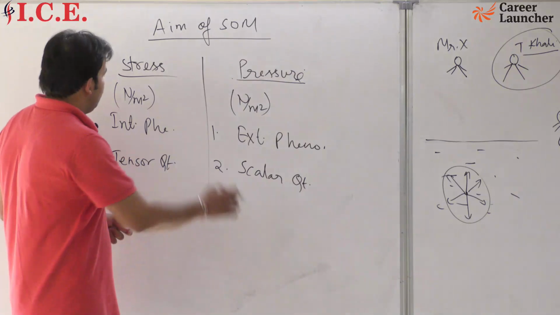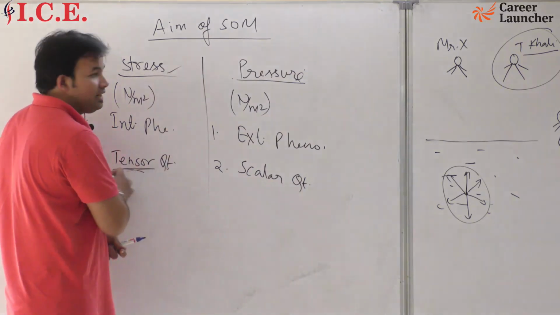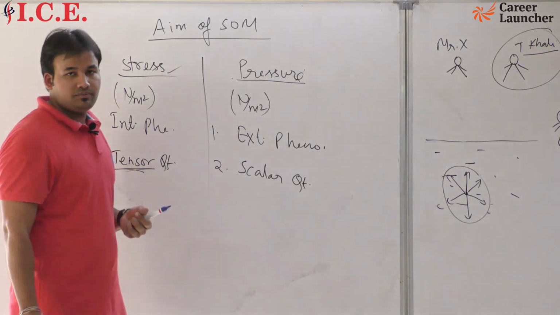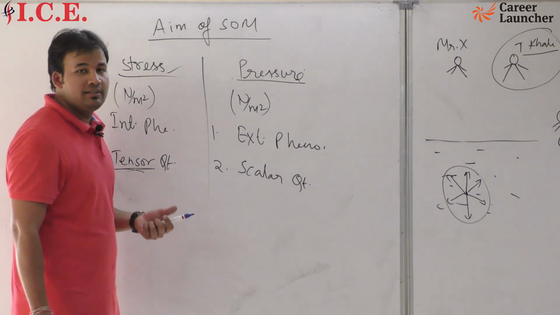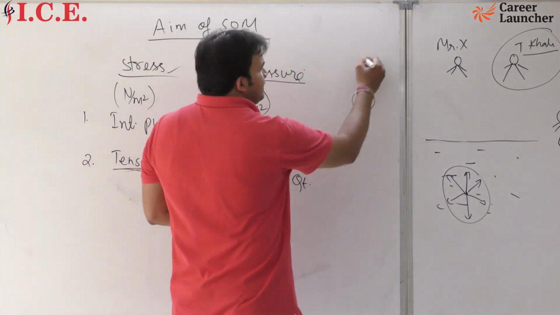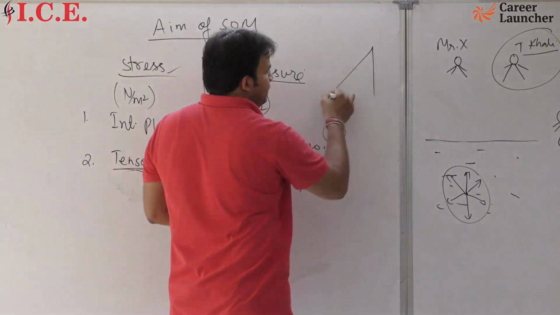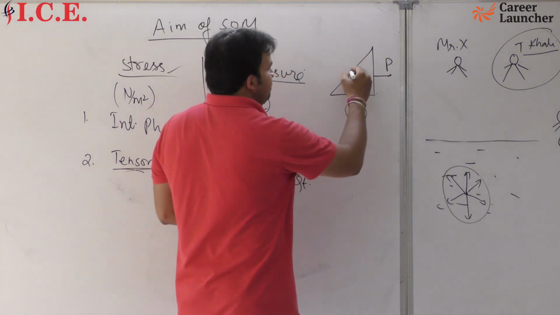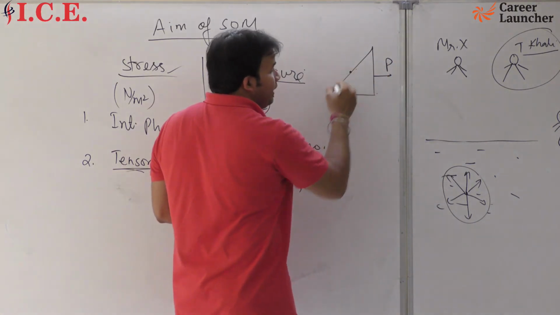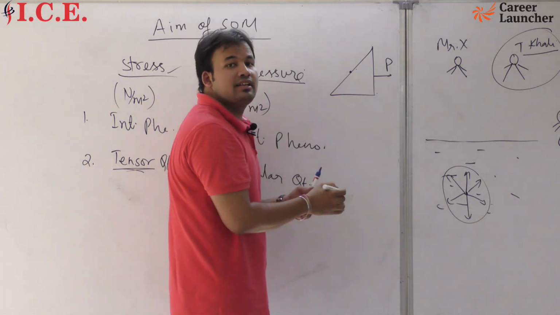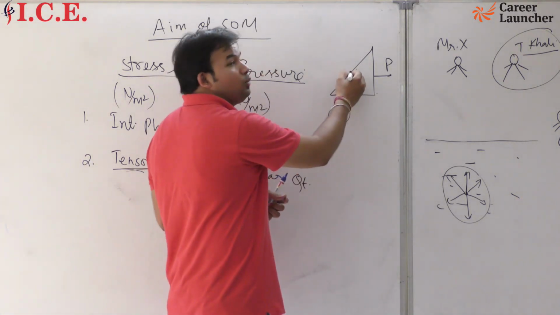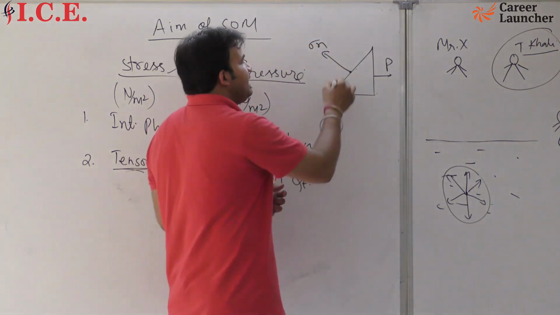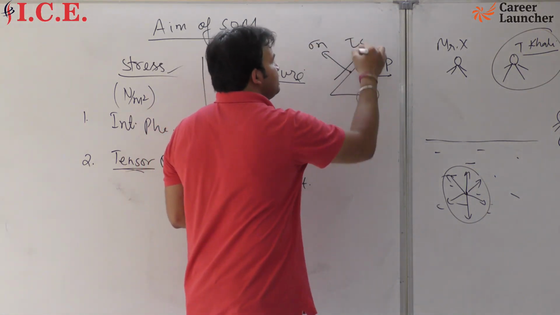But stress is a tensor quantity. What is a tensor quantity? Suppose there is an object, and a load P is acting on this. At a particular point, if you find the stress, you may have one normal stress as well as one shear stress.